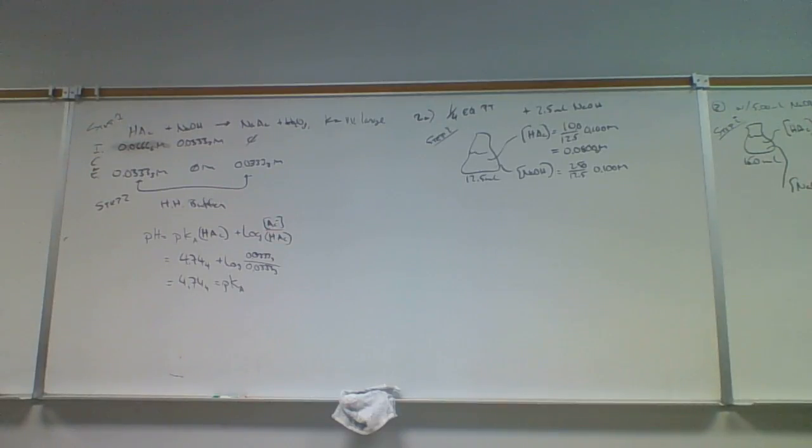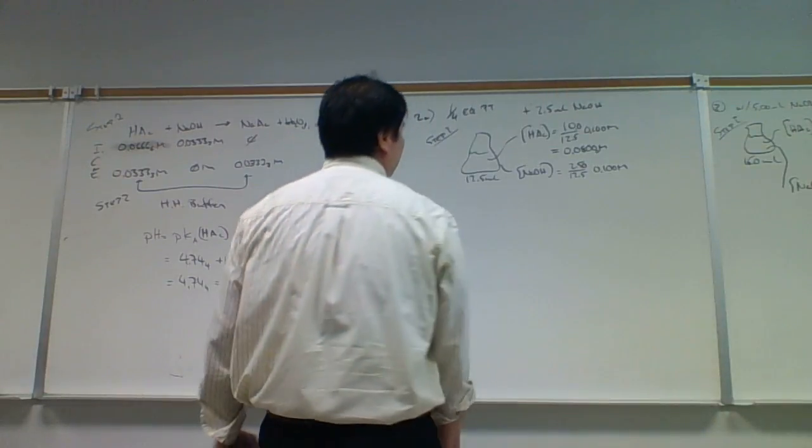If I add 2.5 milliliters of sodium hydroxide, can you predict what the pH is going to be? Yeah, we can predict it. That's what we're doing right now. So the point is to be able to predict what the pH is going to be. In fact, the point is to be able to calculate this whole curve without actually having to do the titration. That's kind of nice to be able to do that.